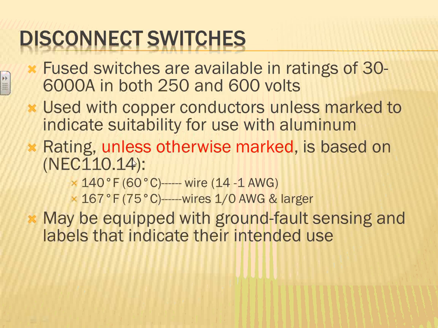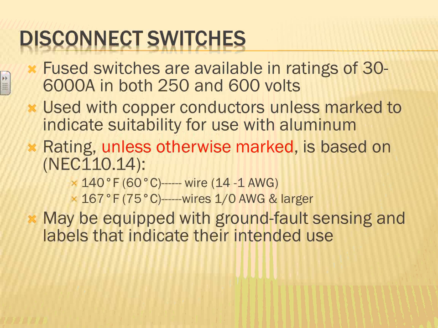Probably 110.14 is the most confusing one for people when it comes to overcurrent protection devices and sizing conductors to land on an overcurrent protection device. Unless you know otherwise, if you have a piece of equipment that does not have any listing on the lugs, and it is rated for 14 to 1 gauge, this equipment will be rated for 60 degrees Celsius.